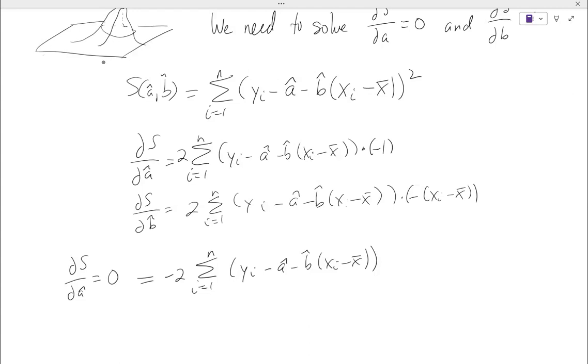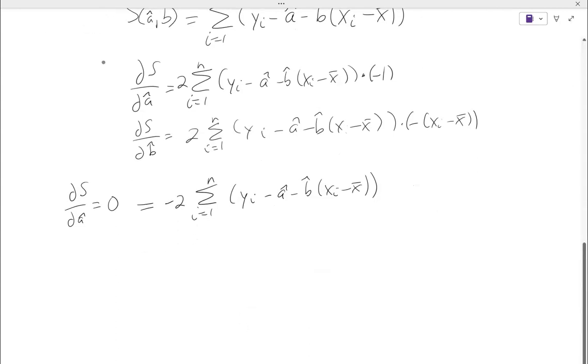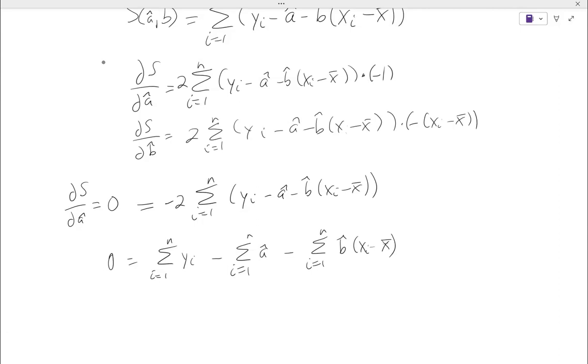We can divide out the -2, since it literally doesn't matter because it's going to make it go away. So we have the sum i equals 1 to n of y sub i minus the sum i equals 1 to n of a hat minus the sum i equals 1 to n of b hat times x sub i minus x bar.